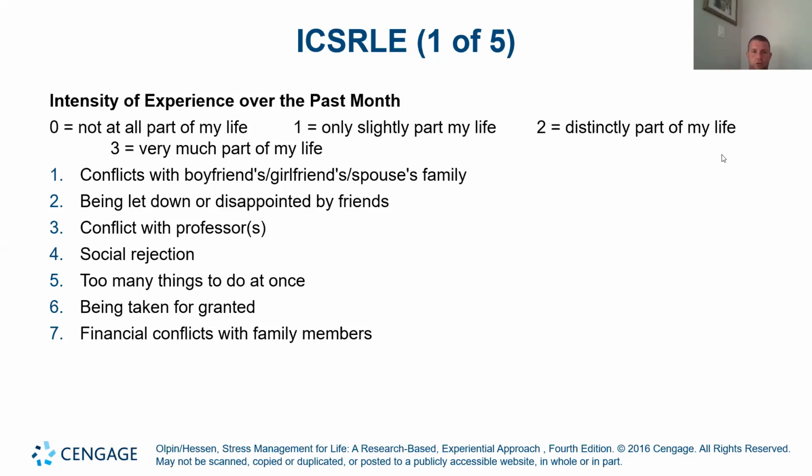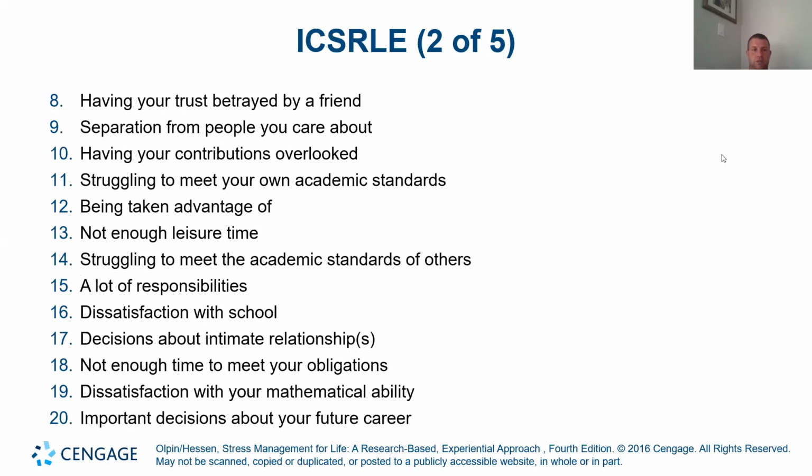So: conflicts with boyfriend, girlfriend, or family; being let down or disappointed by friends; conflict with professors. Hopefully that's not with me. Social rejection, too many things to do at once, being taken for granted, financial conflicts with family members, having your trust betrayed by friends, separation from people you care about.